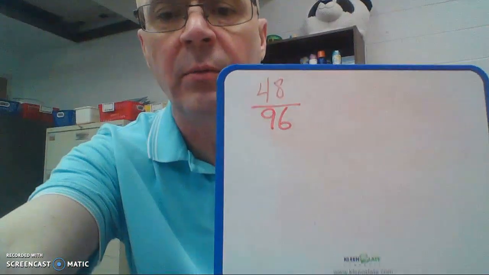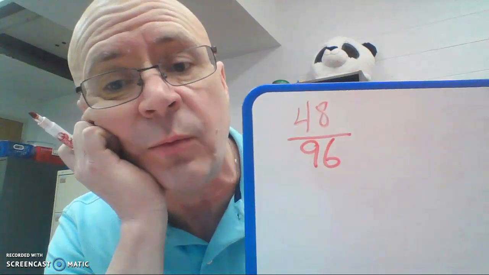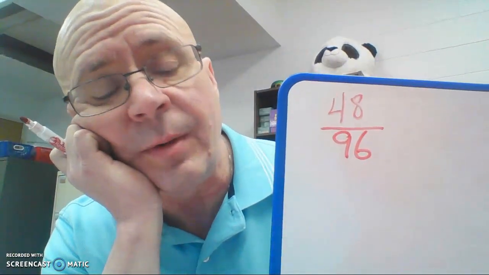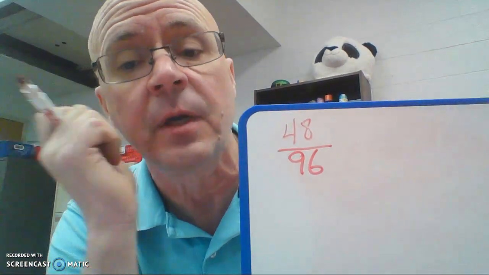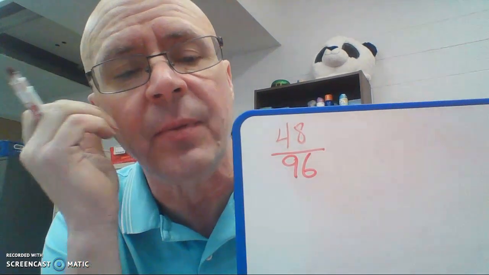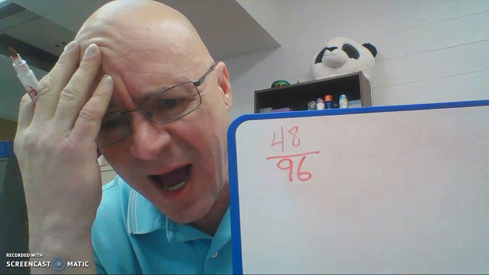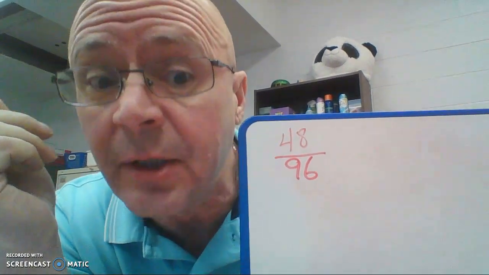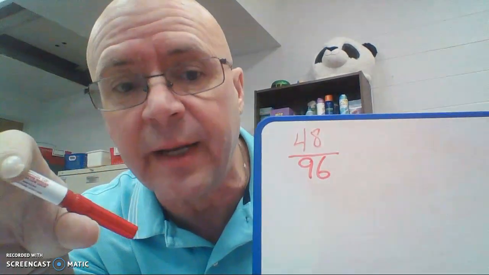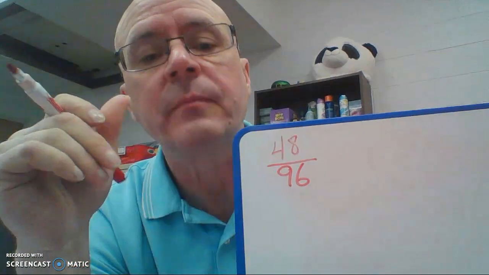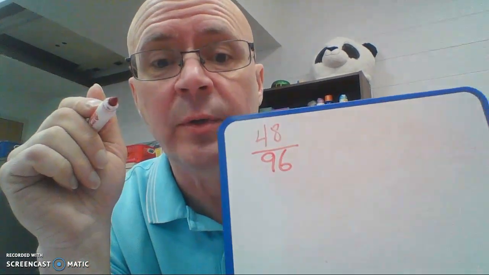You do not have to start with the same factors I start with. And when we talk about factors, remember, those are the numbers that you multiply together. When I look at 48 and 96, I see something here that you probably don't see. So I'm going to let it go for now, but I'll show you at the end.